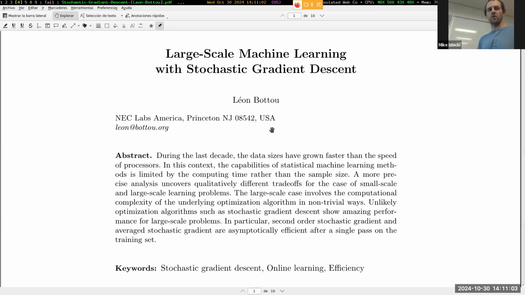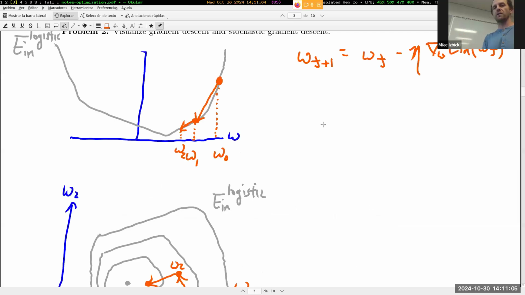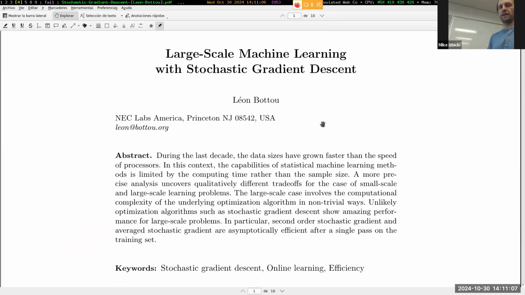In just a second, I'm going to write down the formulas for gradient descent and stochastic gradient descent as they appear in this new reading, and we'll talk about how they can be visualized on those plots.